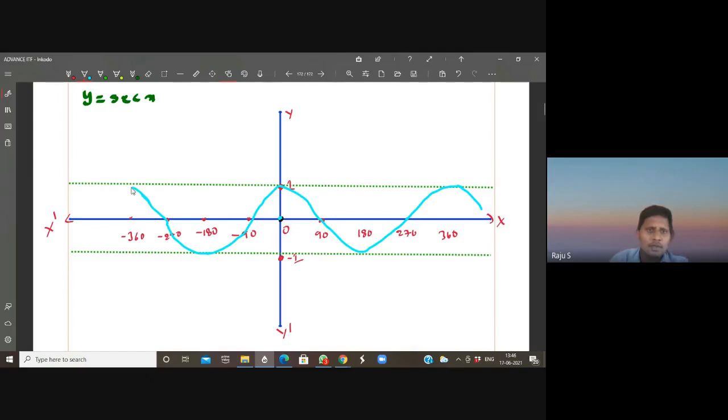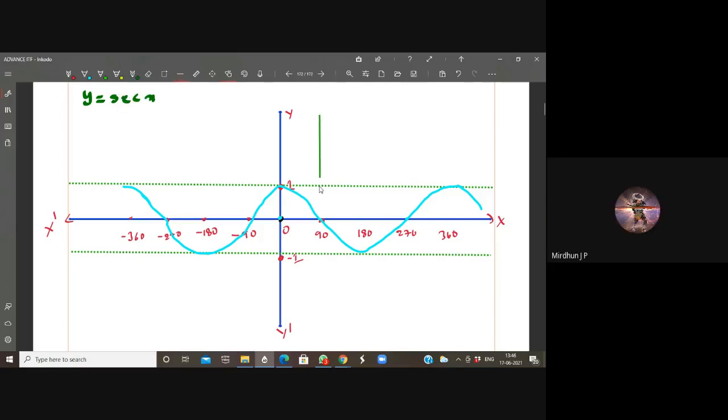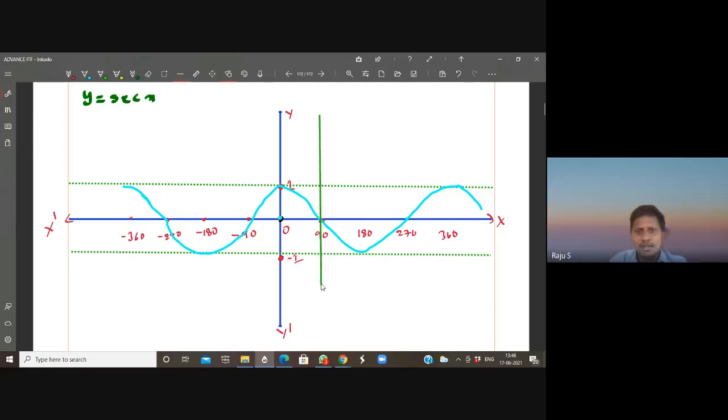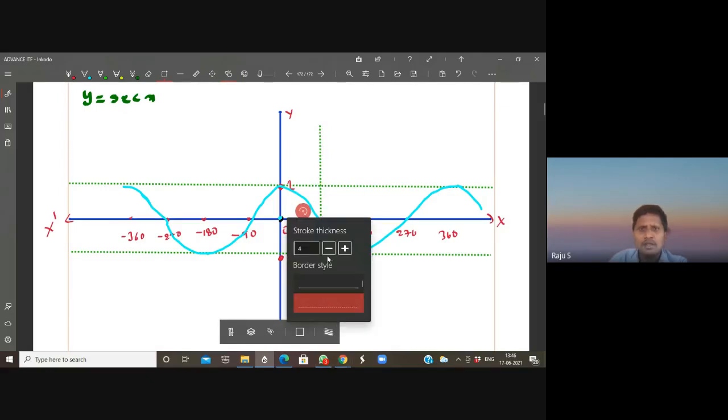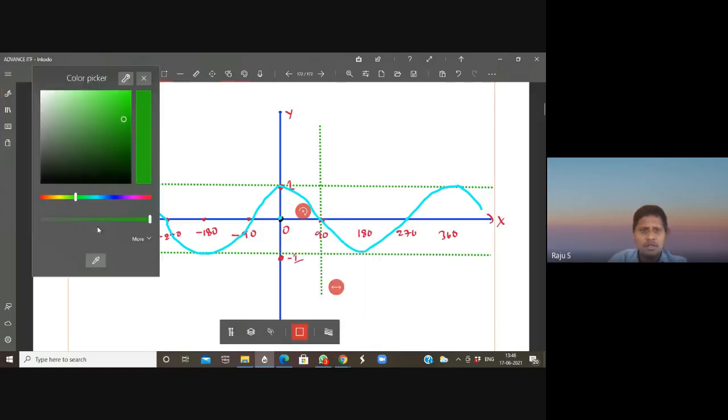Simple. Here, once again, what is the value of secant 90? Anyone? Secant 90. Infinity. Clear? Secant 90 is clearly infinity. Now wherever you get infinity, at that place you should draw the dotted line.